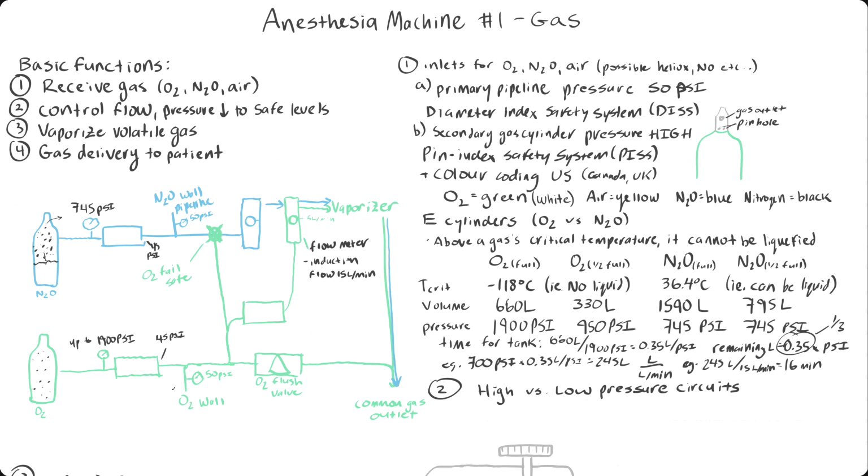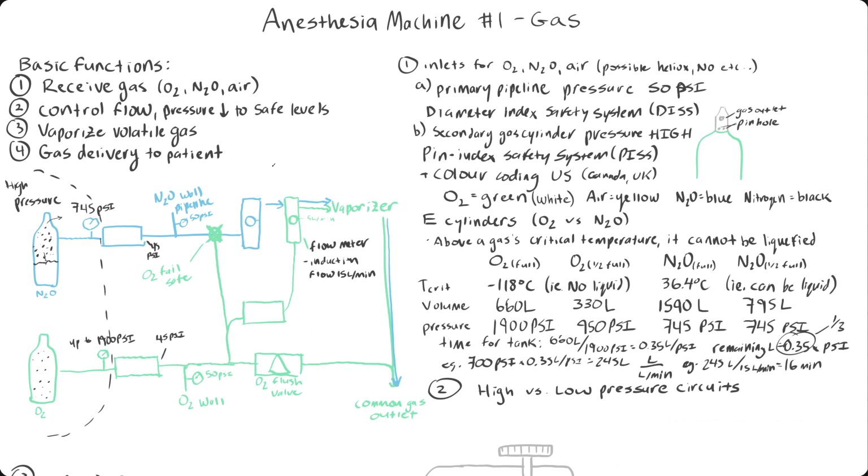Looking at this whole diagram now, you can see we can divide this into high and low pressure circuits. Everything coming off of these canisters before the pressure regulator is extremely high pressure. It's going to be our high pressure side.